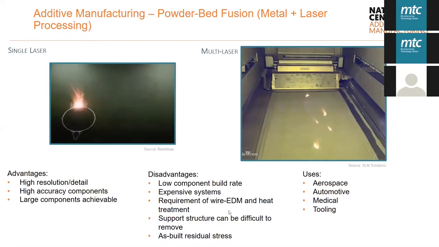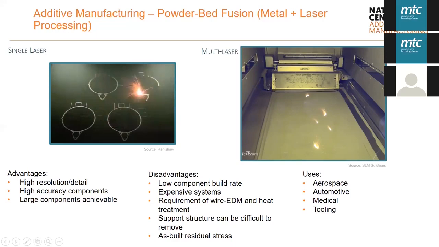Due to the thermal gradients as you go up the build, you can see some residual stresses, which means you will most likely need to heat treat the component before wire EDM. Also, some of the support structure could be difficult to remove using this method. Use cases are high value: aerospace components, automotive, medical tooling, and some high value components in different sectors.